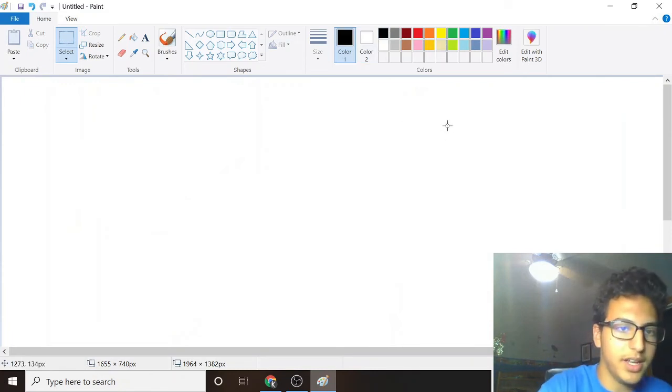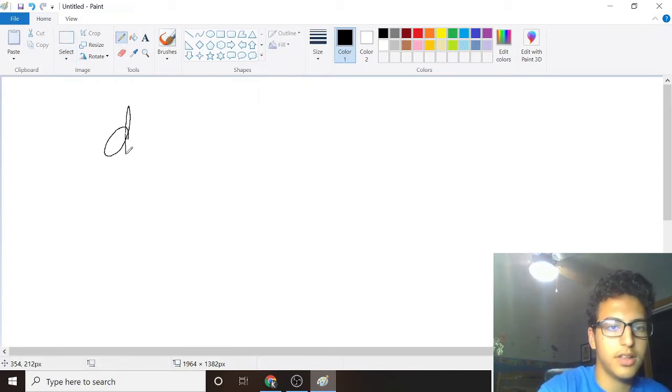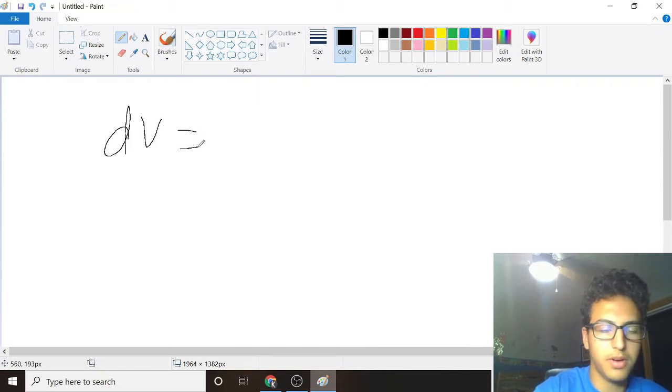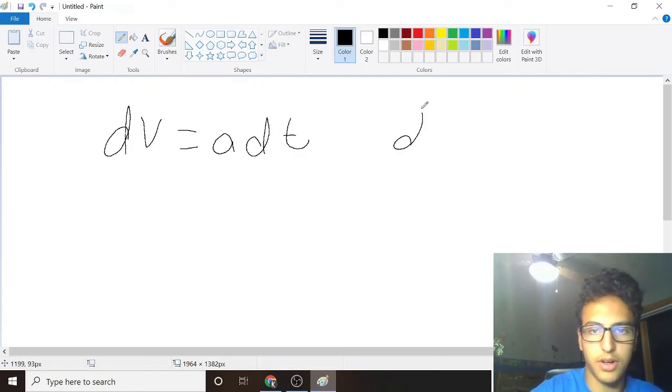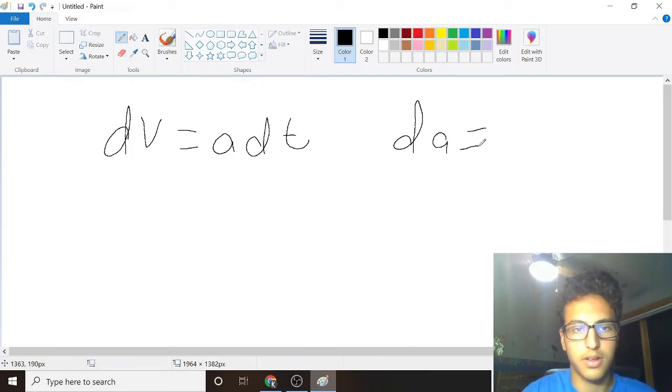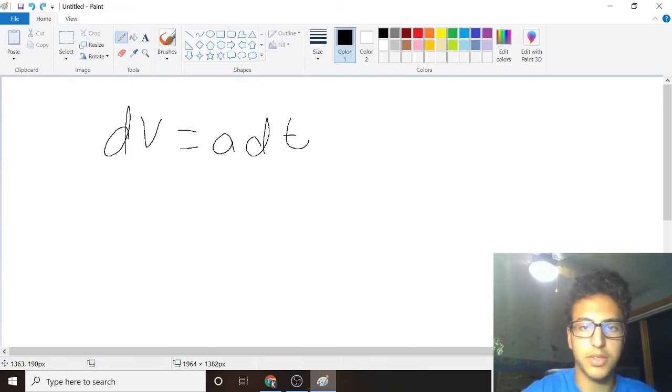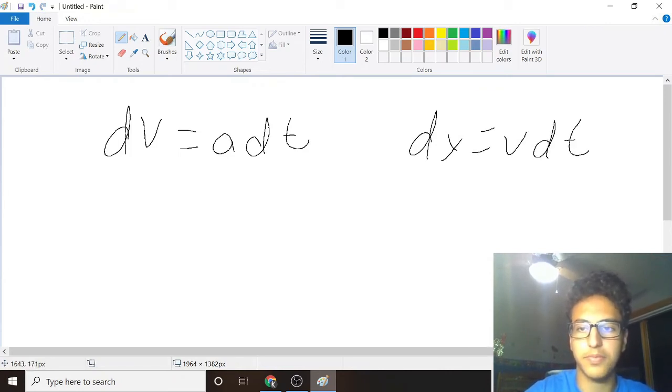Well, now we can see a small change in velocity is equal to a value of acceleration times a small change in time. Okay? And we know a small change in displacement is equal to a value of velocity times a small change in time.